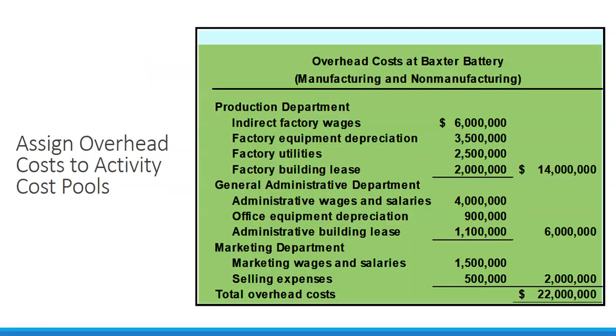We see that we have costs from the production department, costs from administration, and costs from marketing. So remember, in activity-based costing, we mix manufacturing and non-manufacturing costs. This is a way to help us understand how these overhead costs and fixed costs are used by our daily activities.